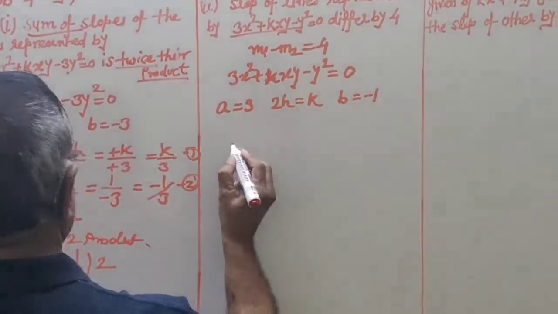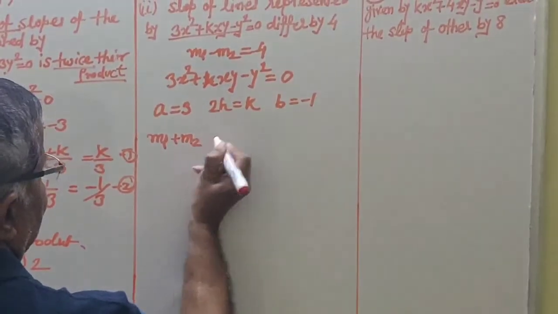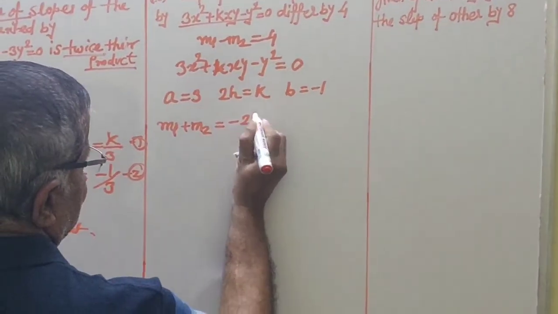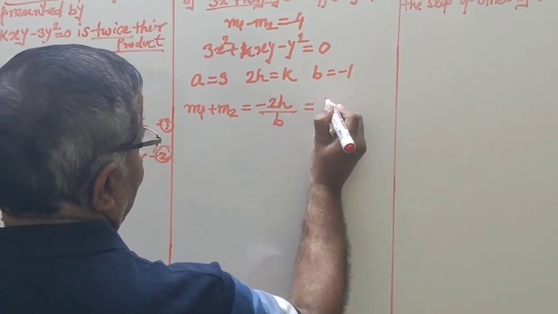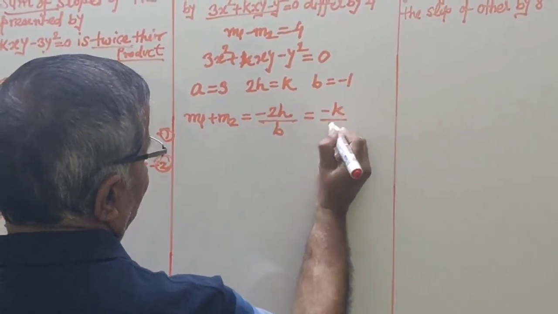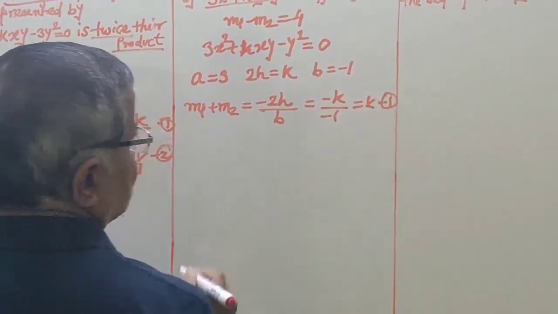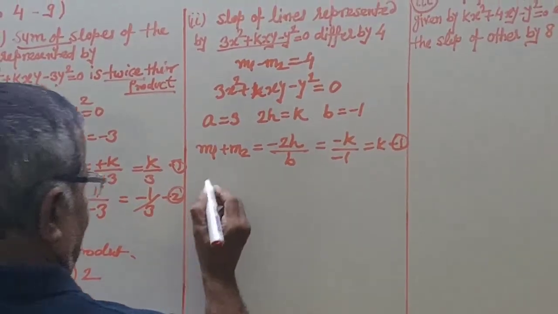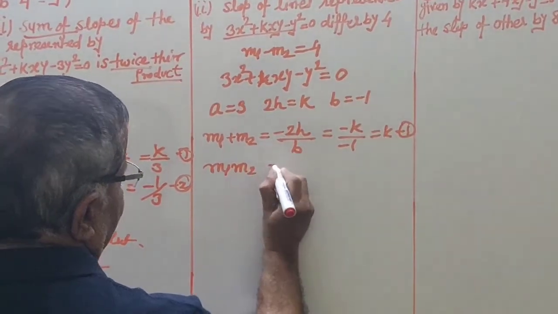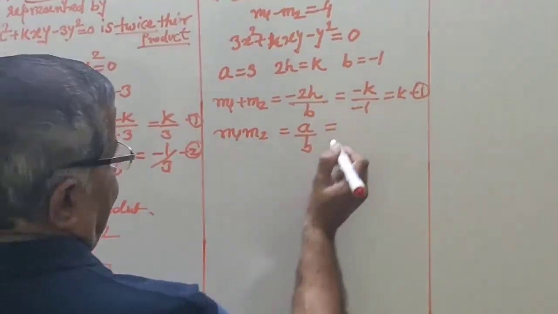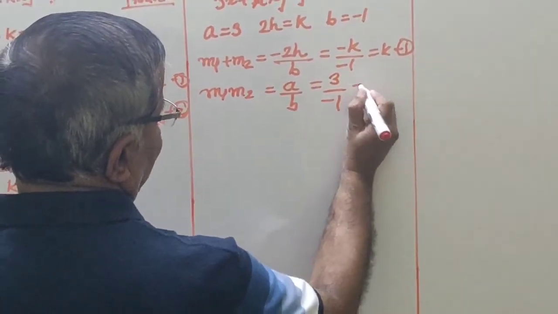Now I can substitute the values in the formula. m1 plus m2 is equal to minus 2h upon b, which is minus k upon minus 1, that is equal to k, the first condition. Now m1 into m2 is equal to a upon b, 3 upon minus 1. Okay, now what will come here?